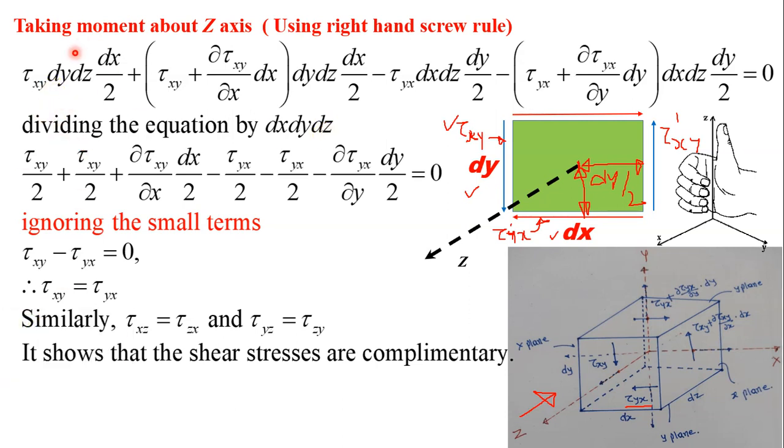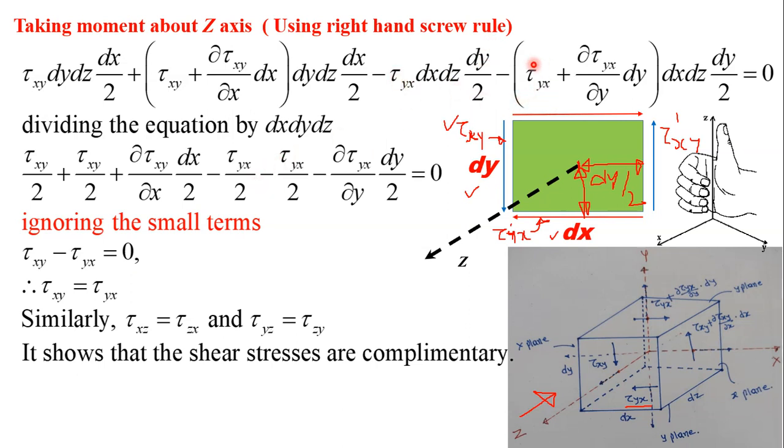If we divide this above equation by dx into dy into dz, then dx, dy, dz terms will disappear, and there will be tau xy upon 2. In the second term, tau xy upon 2 will be there, while dx into dy into dz will disappear, plus del tau xy by del x into dx will be there, minus, now in this term dx, dy, dz will get cancelled, tau yx upon 2 will be there.